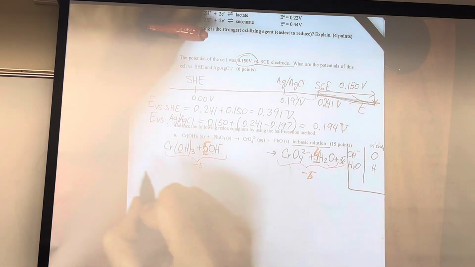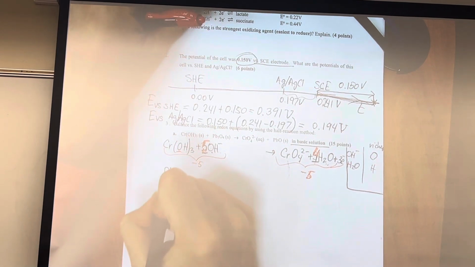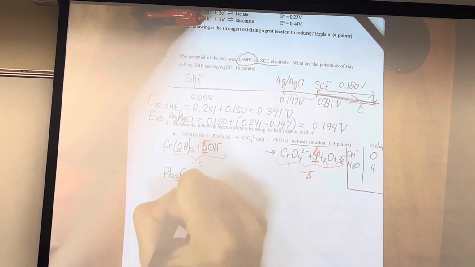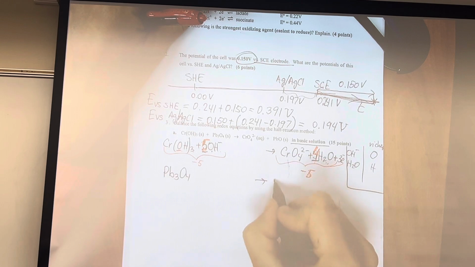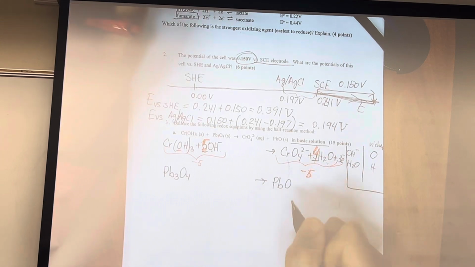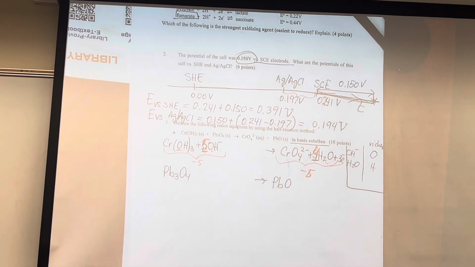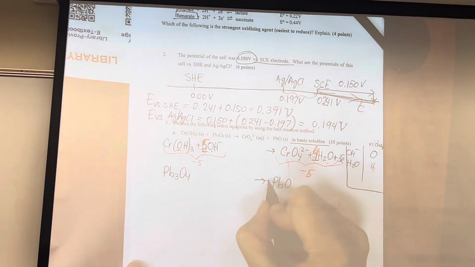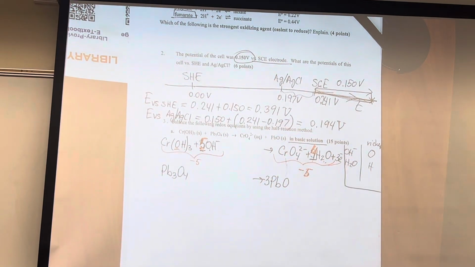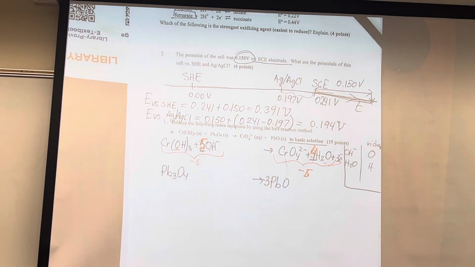Let's move to the next one, and it's Pb3O4 goes to Pb4. Okay, so first of all, you can see that lead is not balanced. Let's balance lead. So 3 leads before and 3 after. That's good.